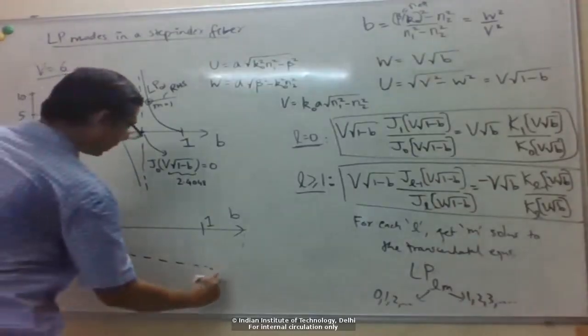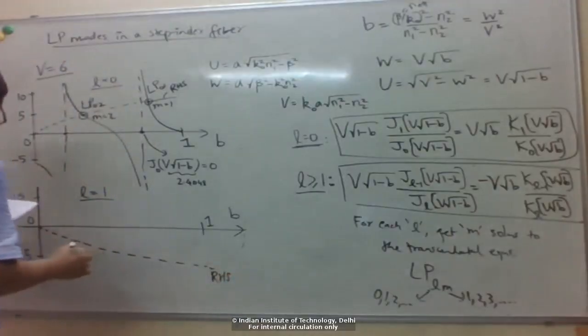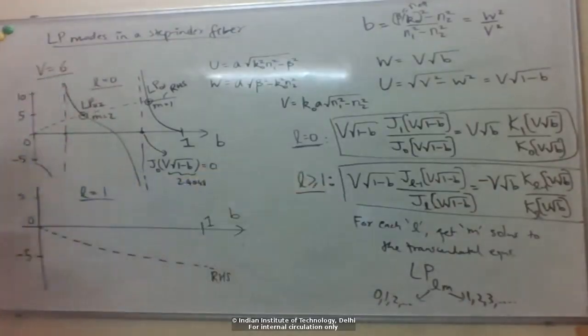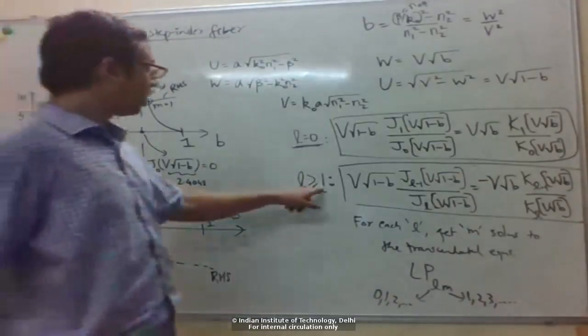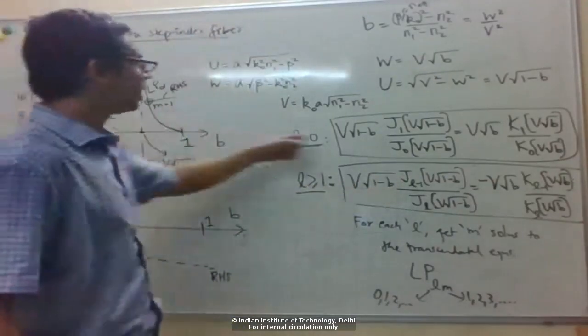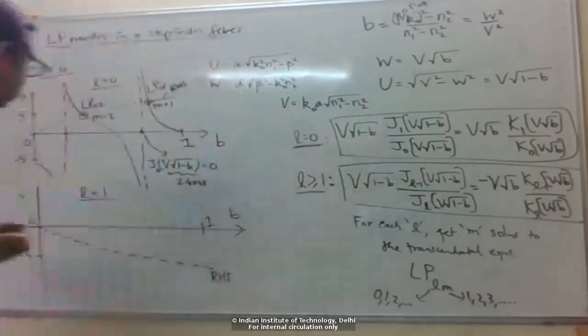Again, this is the RHS. And so now we plot the left hand side. So for L equal to 1, that will be J0 by J1. Right? So for L equal to 0, we have J1 by J0. For L equal to 1, we have J0 by J1.